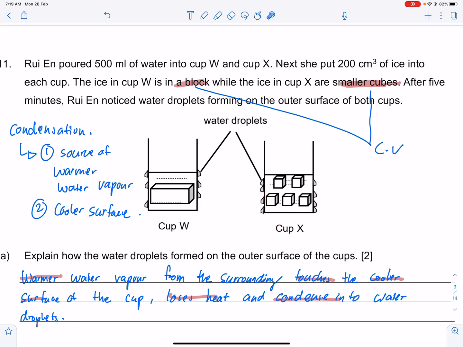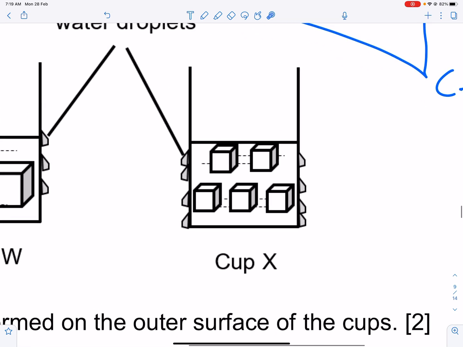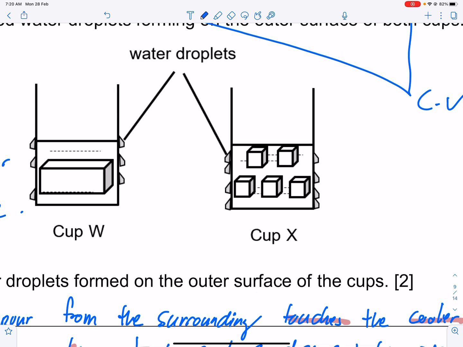Because of the difference in surface area, your cup X, with the smaller ice cubes, has a larger exposed surface area, so heat can be gained by the ice cubes at a faster rate. The water surrounding the ice cubes is able to lose heat to the ice cubes faster, causing them to melt faster. So the temperature of the water in cup X would decrease at a faster rate compared to cup W.